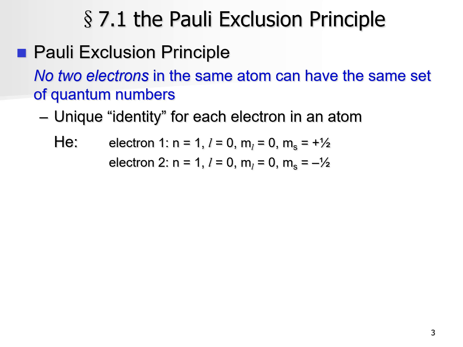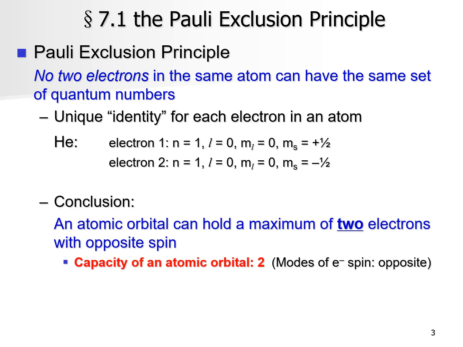So that discussion gives the even more powerful conclusion of this Pauli exclusion principle, which is that an atomic orbital can hold the maximum of 2 electrons with opposite spin. In other words, the capacity of an atomic orbital is 2 electrons. Once it has 2 electrons, the spin mode of the electron must be opposite. Remember the arrow, one going up, one going down, so that must be it.